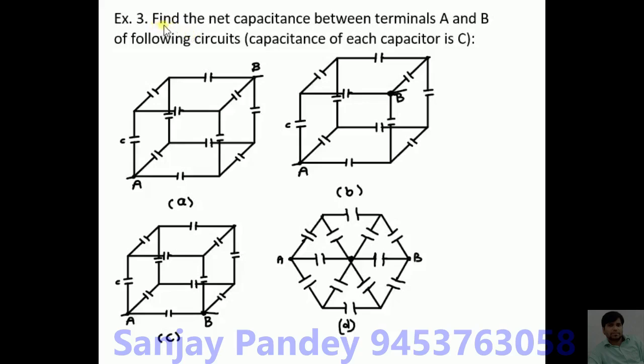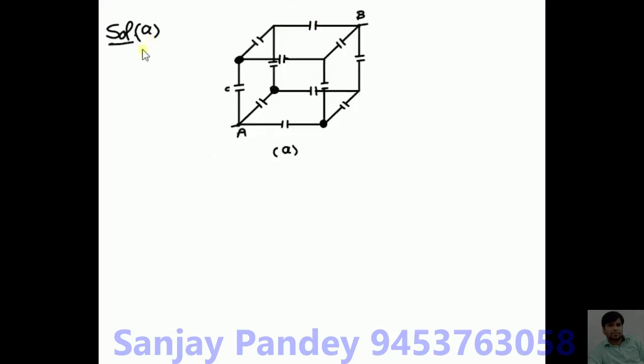Now next problem is find the net capacitance between terminals A and B of following circuits. Capacitance of each capacitor is C. Solution part A. From figure it is clear that these 3 points are symmetrical points, or we can say that these 3 positions are symmetrical positions. If we move from this position to position B, we encounter 2 capacitors along this side.